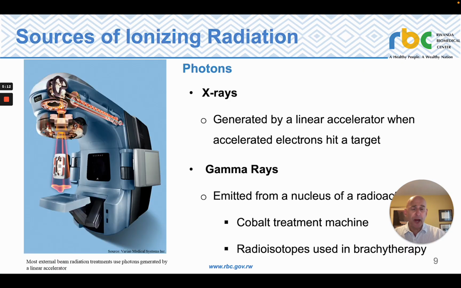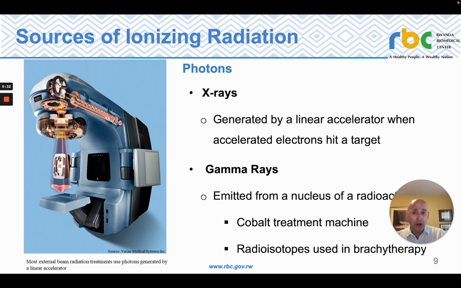The sources of radiation are what we call photons, and we're talking about either X-rays or gamma rays. X-rays are the type of ray generated by a linear accelerator where electrons are accelerated, they hit a target, and they produce photons or X-rays.